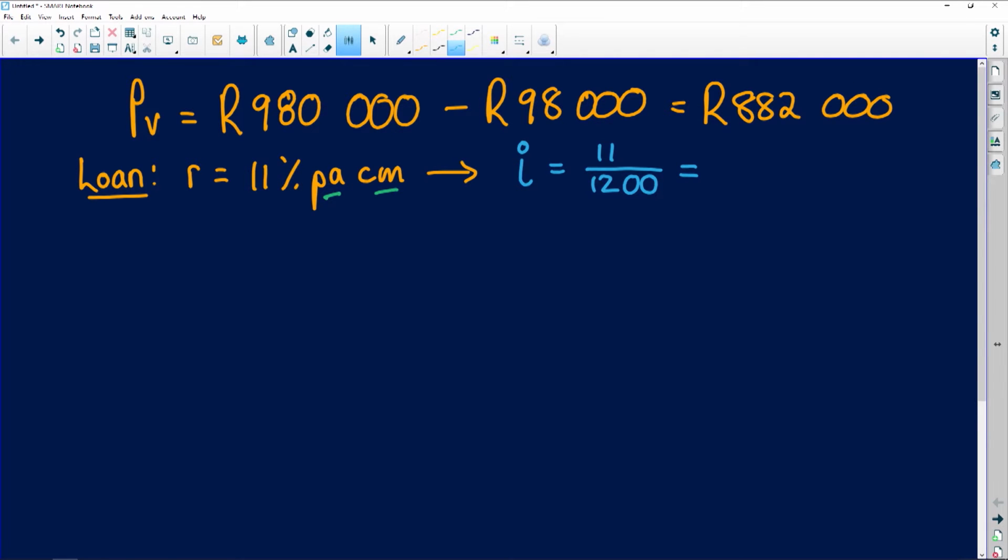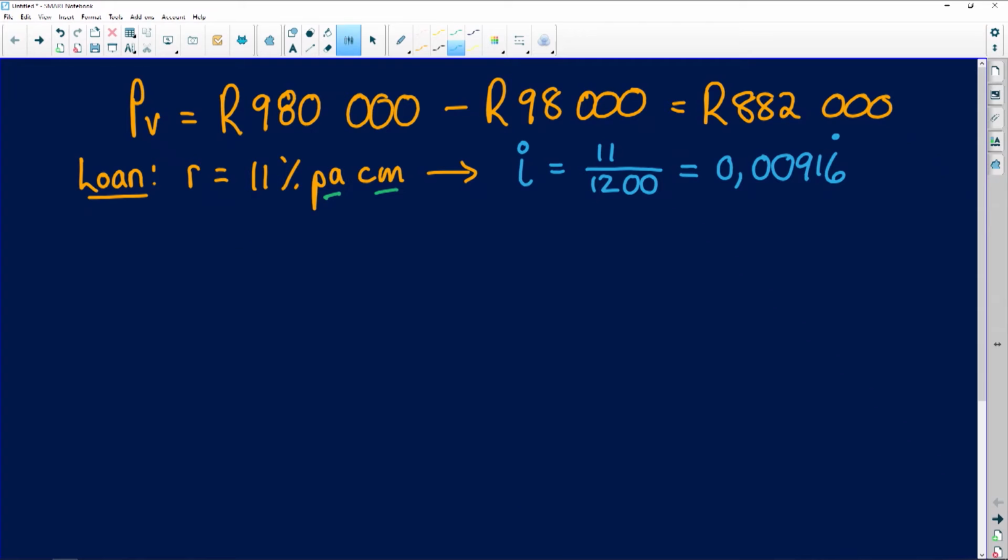So if I put that here, 0.00916 recurring, I really choose to work with that decimal rather than the fraction. It is always so clumsy to work with a fraction on top of a fraction. But if you're quite literate with your calculator that way, please feel free to do that. So we've doctored our rate. This is now what we're going to use in our problem.